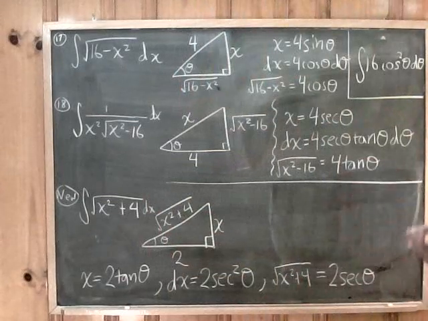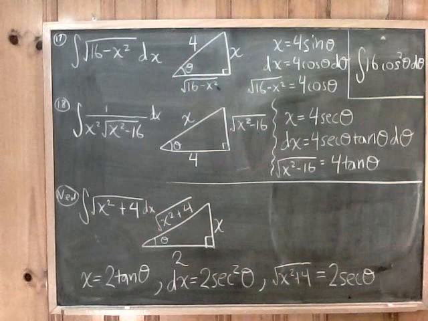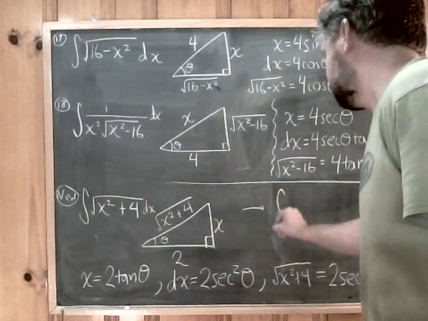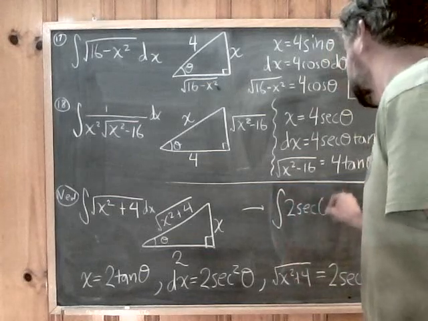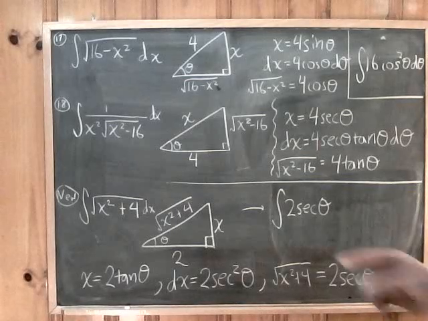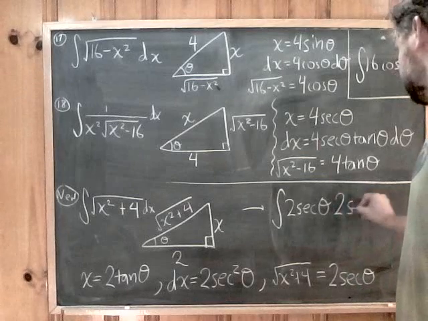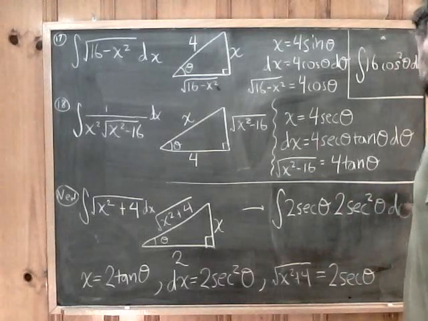Now we can go ahead and plug in the 2 secant theta and the dx. So the final answer would be the integral of 2 secant theta, that's the square root of x squared plus 4, and dx becomes 2 secant squared theta d theta.